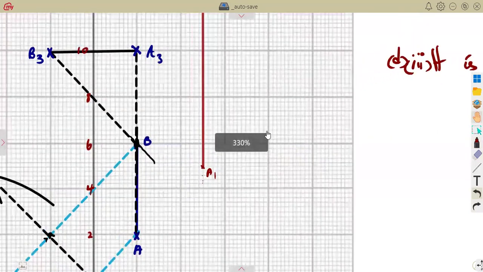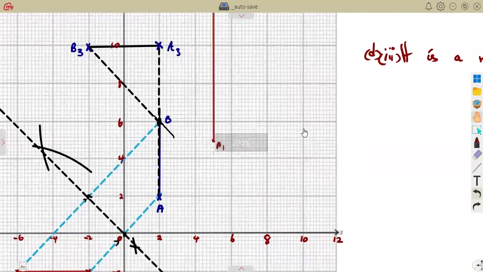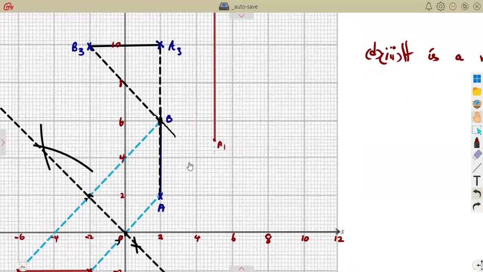Remember, the description of a rotation does not change. You need the center of rotation, and I talked about that. You bisect any part of the corresponding lines, two of them, where they meet, where the bisectors meet. Say you bisect A to A3.